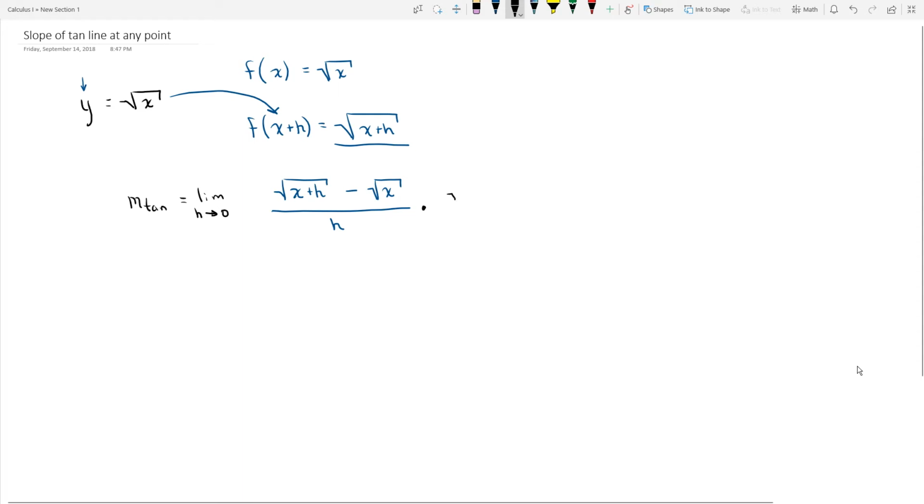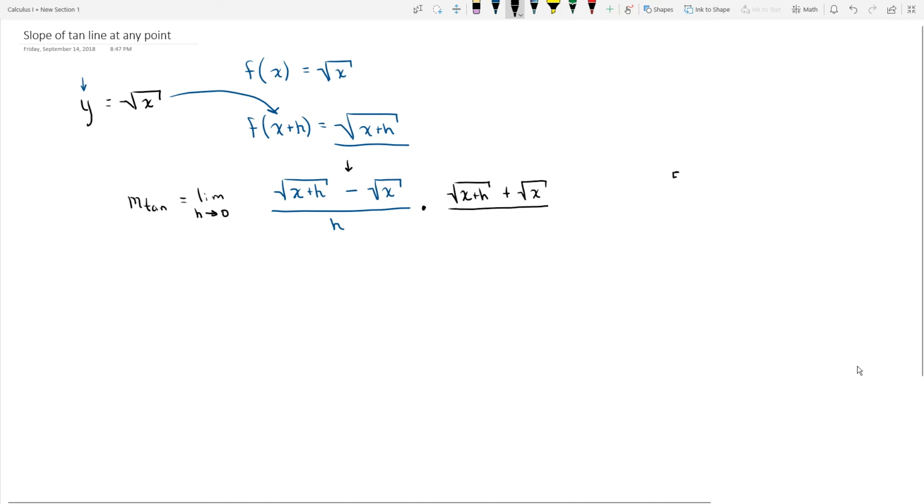So if we multiply by the square root of x plus h, and the conjugate means that we only change that value of negative to a positive. So we now have plus the square root of x, and we need to make this a perfect 1.